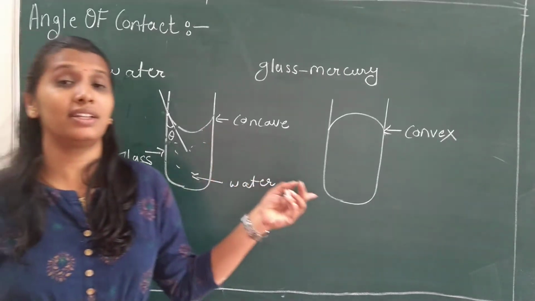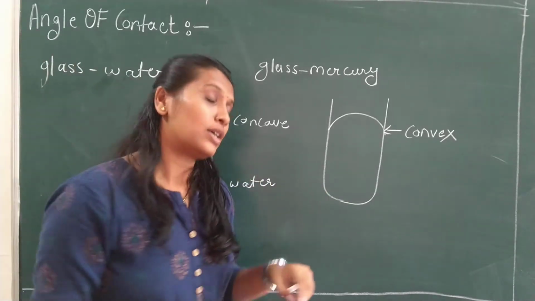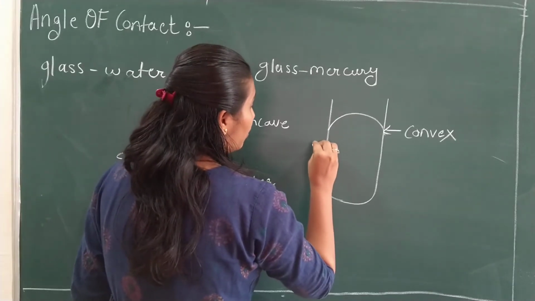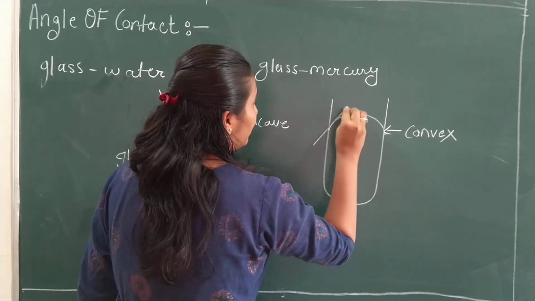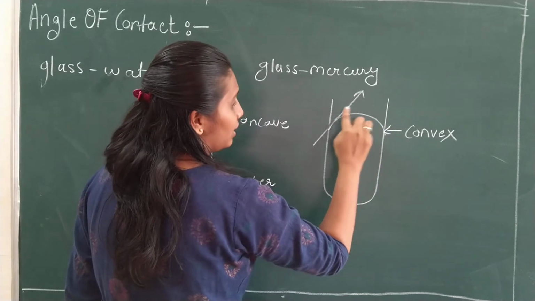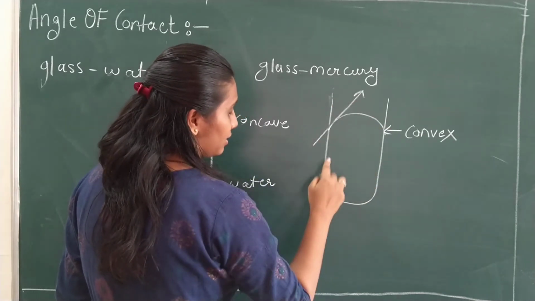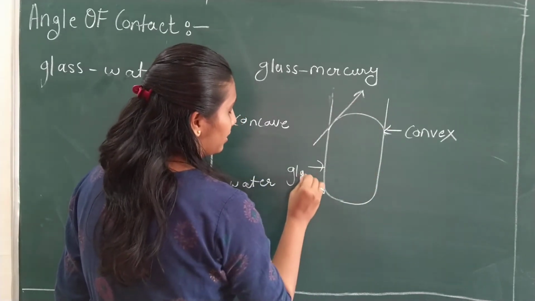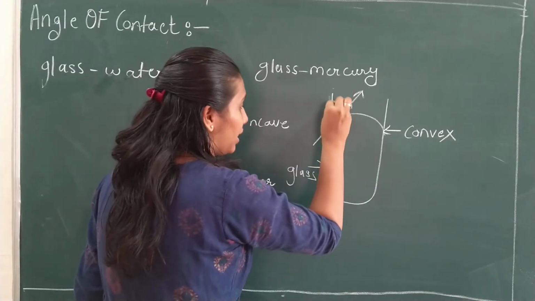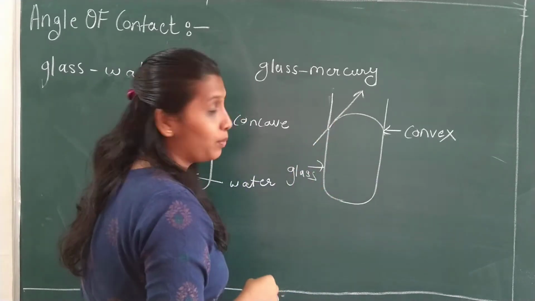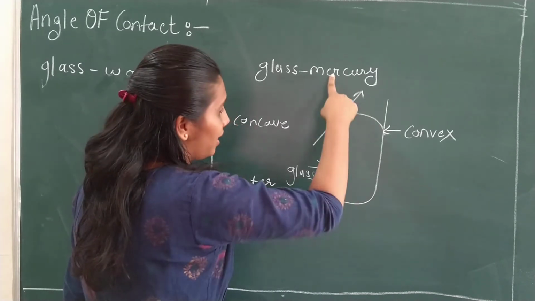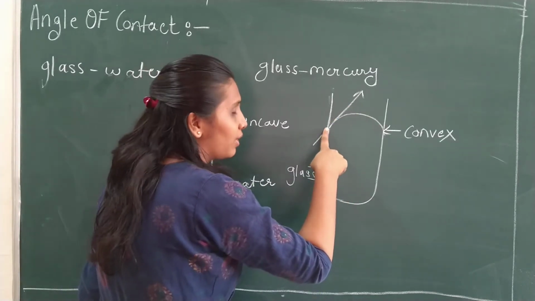Now if I want to measure the angle of contact here, again by definition, it is the angle between the tangent drawn to the free surface of the liquid and the solid, this is my glass, at a point of contact.